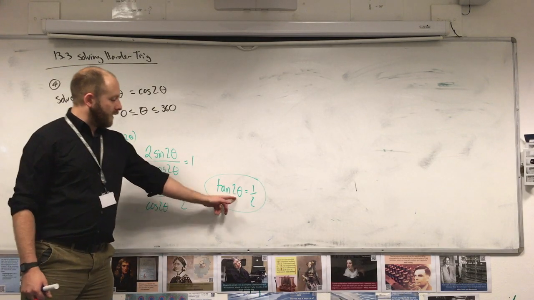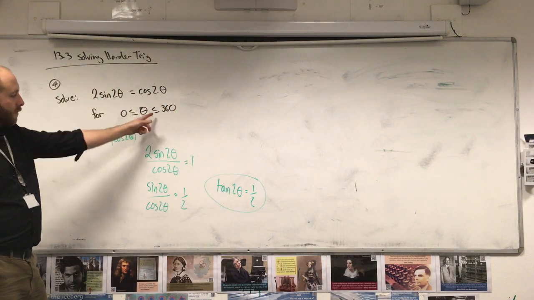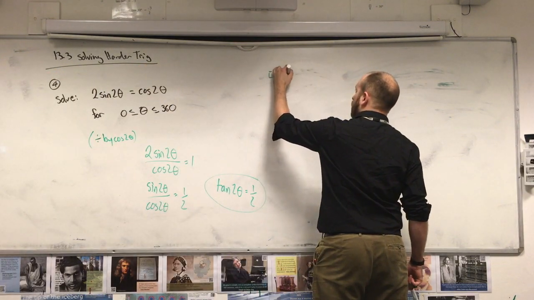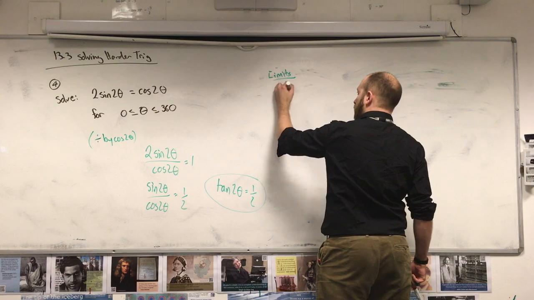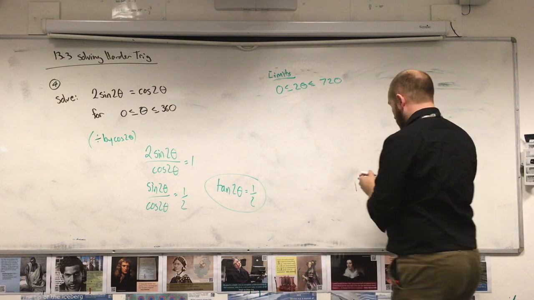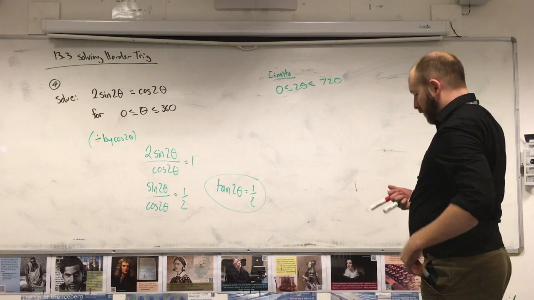Cool, right, next step is to transform the limits. Because we've got 2 theta, our limits apply for 1 theta, so we need to double these. So our new limits are going to be 0 to 2 theta to 720 degrees. Principal value next.